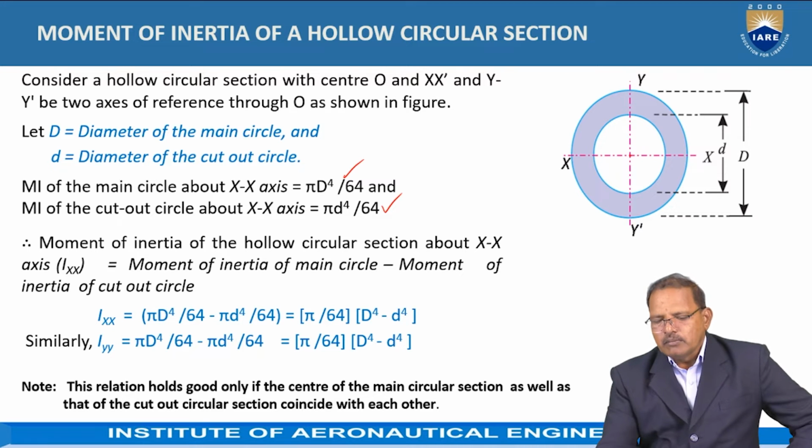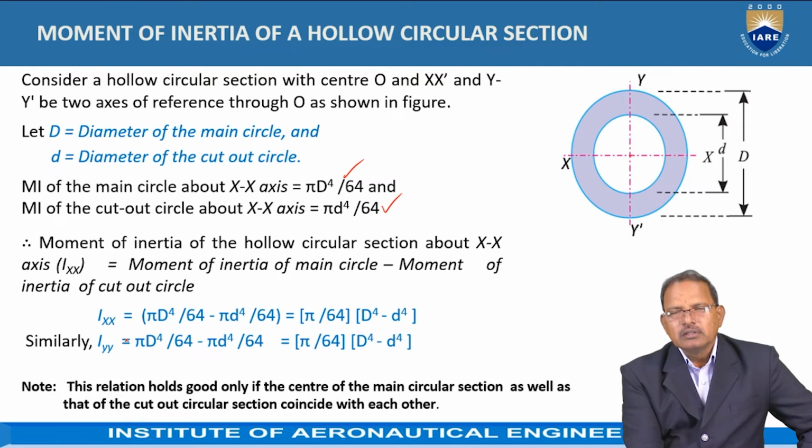Hence, the moment of inertia of the hollow circular section is obtained by taking the difference of the moment of inertia possessed by the main circle and the cutout circle now.